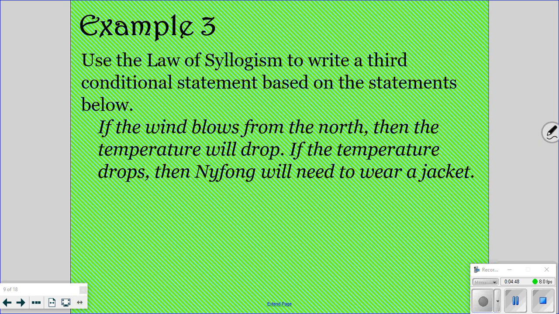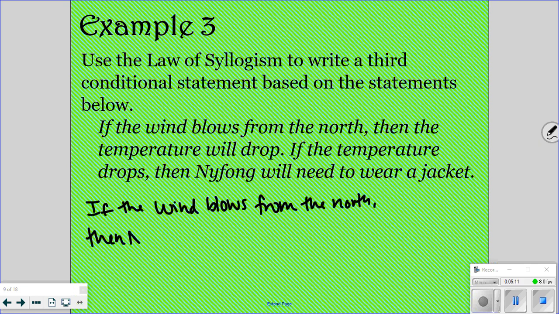If the wind blows from the north, then the temperature will drop. If the temperature drops, then Naifong will need to wear a jacket. So we can say if the wind blows from the north, then Naifong will need to wear a jacket.